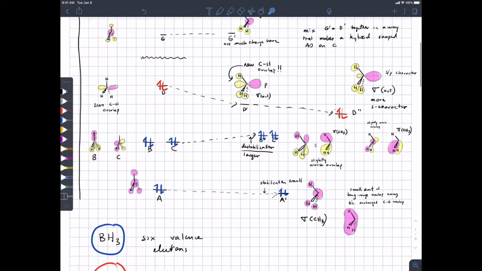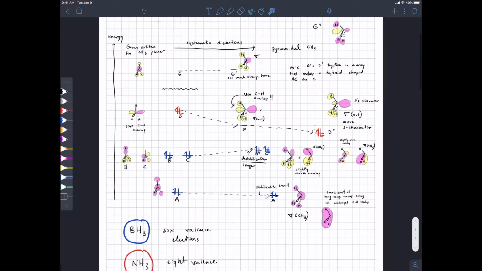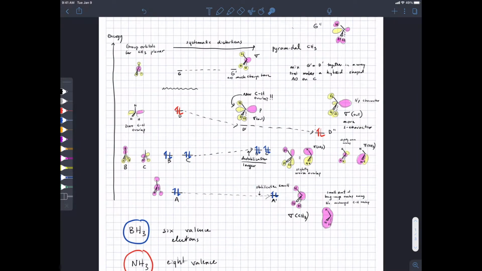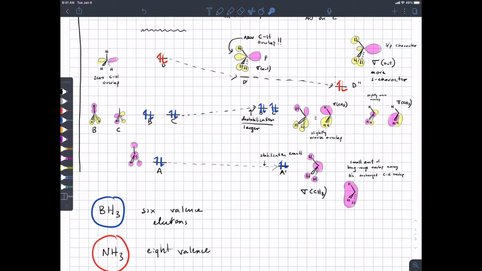And then we used these two parts of our sort of Walsh orbital diagram to make some conclusions, just based on counting electrons, about the geometric structures of BH3 versus NH3.